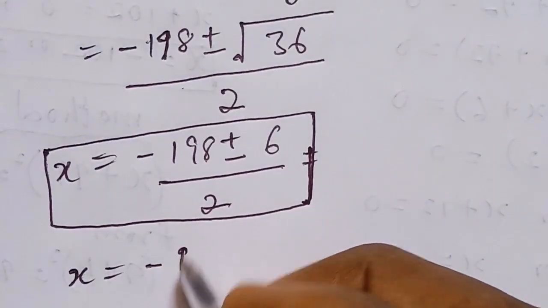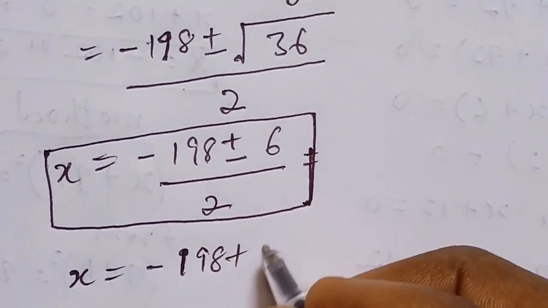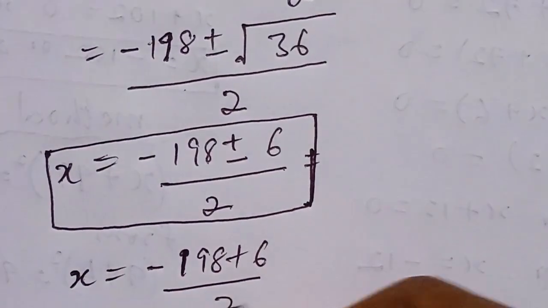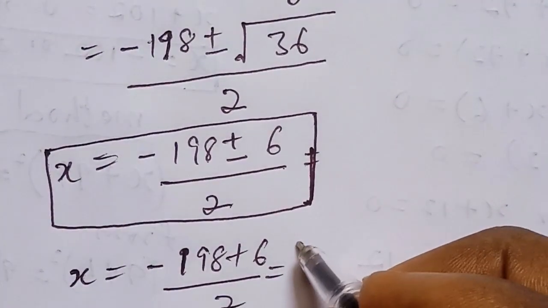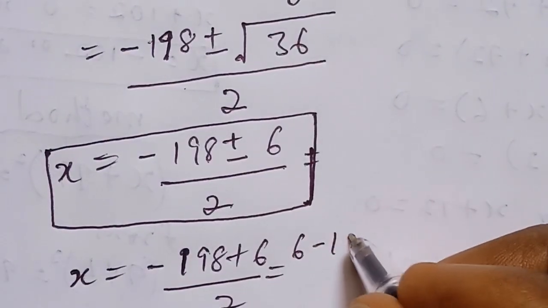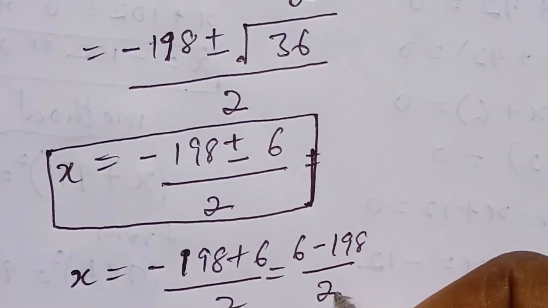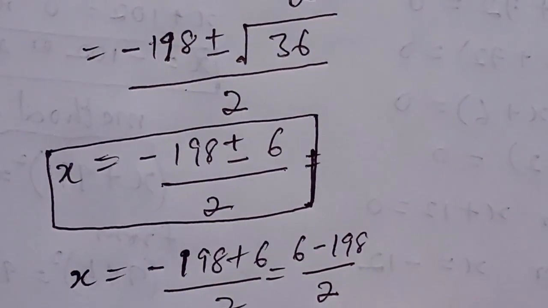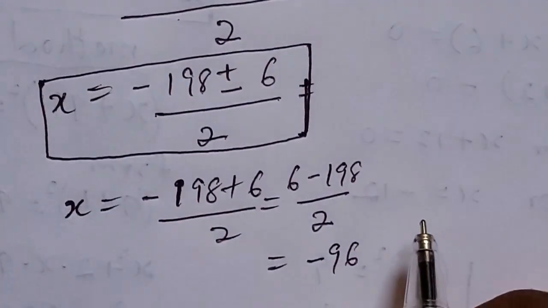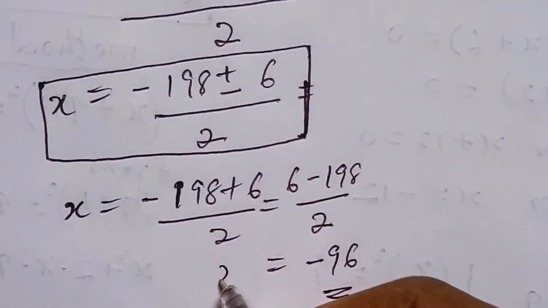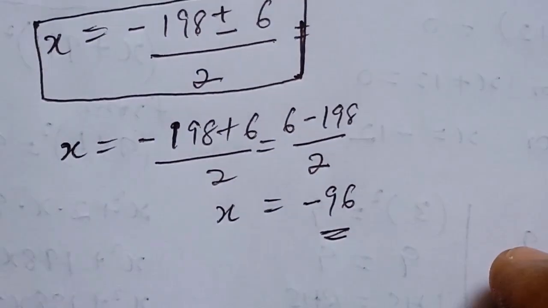So it means that x is equal to minus 198 plus 6 over 2, which can be written as 6 minus 198 over 2, which is equal to minus 96. So that is the first value of x.